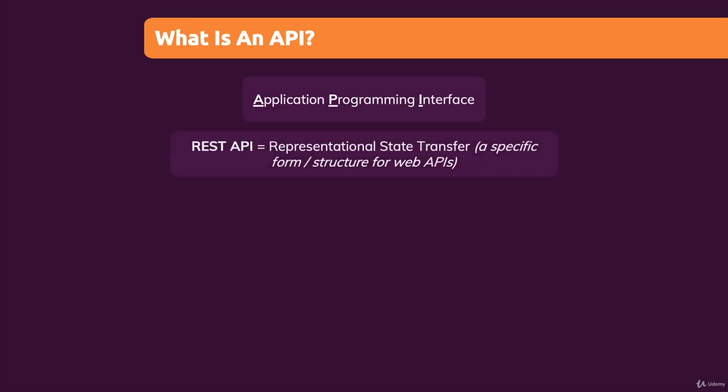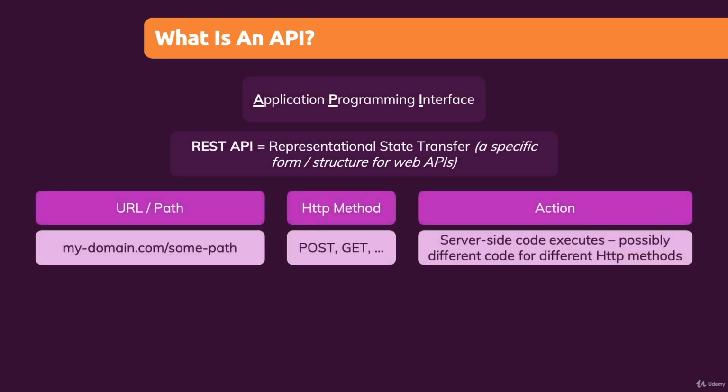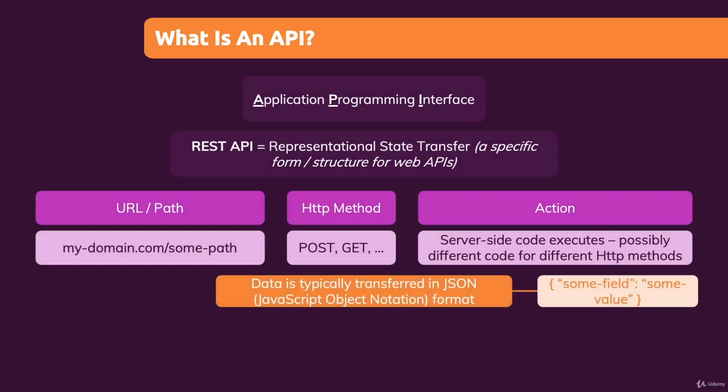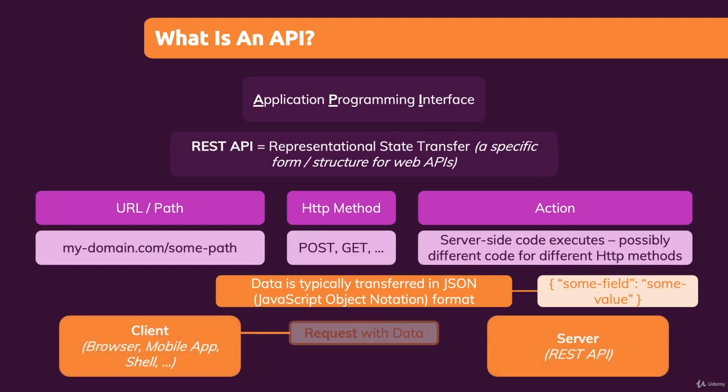REST APIs are the most popular form of APIs, and the idea is always the same, that we have a web server that exposes certain URLs, just as we did it thus far in the course, but those URLs are not about getting requests and sending back HTML data, but they are about accepting some data and then sending back responses with any kind of data, not necessarily HTML. Specifically, JSON, JavaScript Object Notation, would be the most common format for exchanging such data.